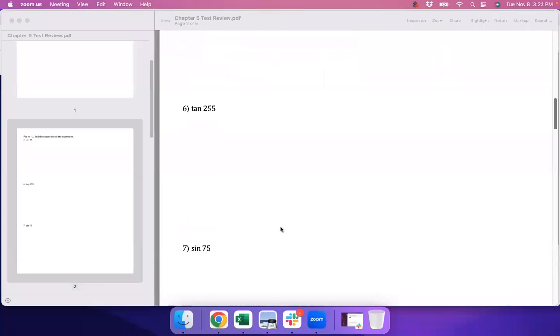Now for number 6, tan of 255. Again, you're tasked to find 2 angles that add up to 255 or subtract to 255. I believe I could do 135 and 120. Those are both on the unit circle. So we got tangent of 135 degrees plus 120 degrees.